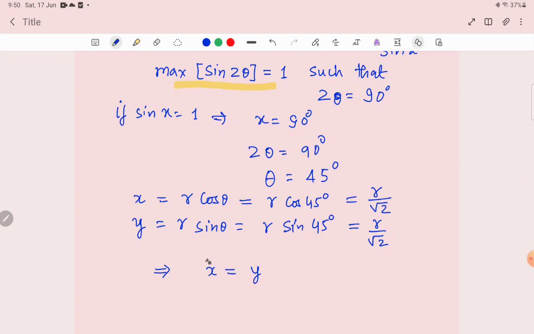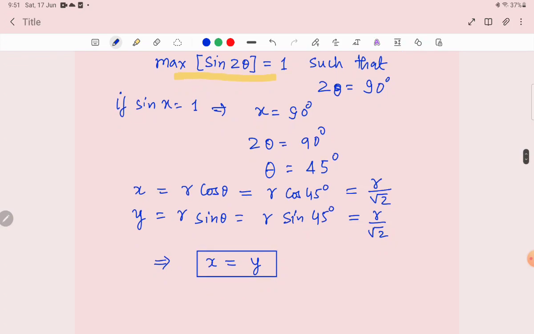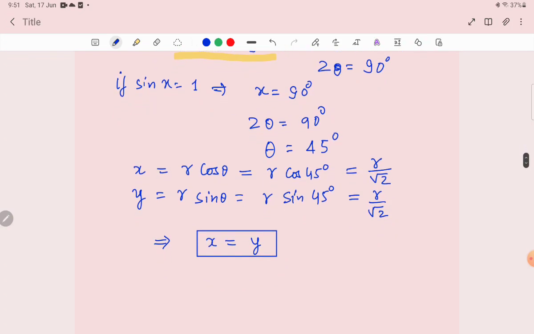So what does this mean? This is a very beautiful mathematical result, which says that maximum area is only possible when x and y are at the optimum value, and theta is also optimum.